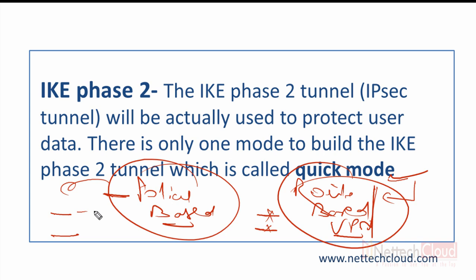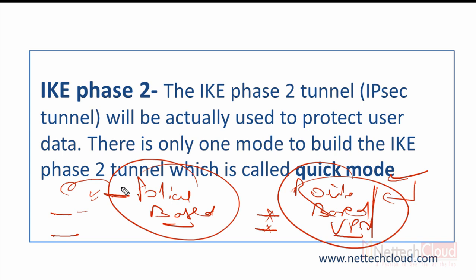Whereas in policy-based VPN, the number of phase 2 tunnels would increase with the number of networks or subnets, right? So in case we are forced to use policy-based VPN, there are different ways to minimize the number of phase 2 tunnels. No need to get into those details, but one way is aggregating different networks into a supernet, or supernetting.